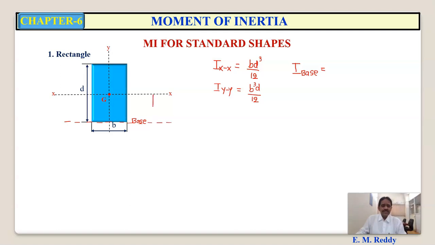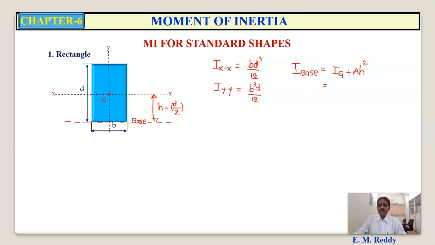So what is the distance between these two parallel axes? It is h, which is equal to d by 2. Right? So as per the parallel axis theorem, the moment of inertia about an axis which is parallel to the centroidal axis is given by the moment of inertia about the centroidal axis plus A H square.